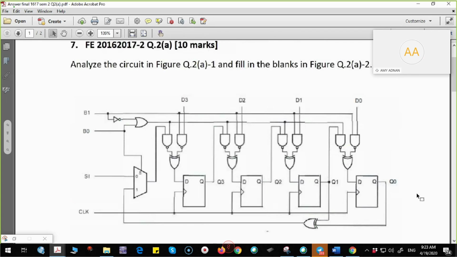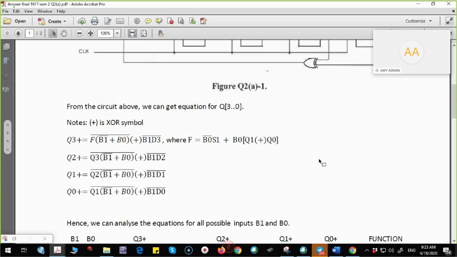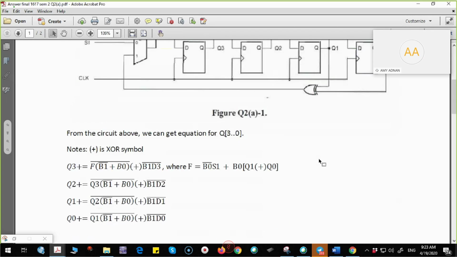Now this one, how did you find solving this problem? Is it easy? So yeah, you have Q3 plus equal to this one, we need to find the equation first.